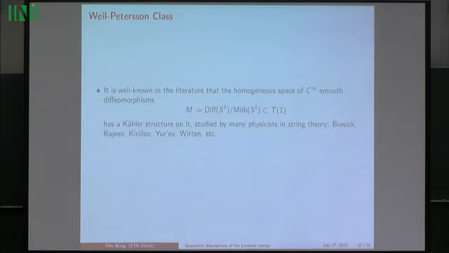By Kähler structure, I mean three structures that are compatible with each other: the symplectic structure, the complex structure, and the Riemannian metric.